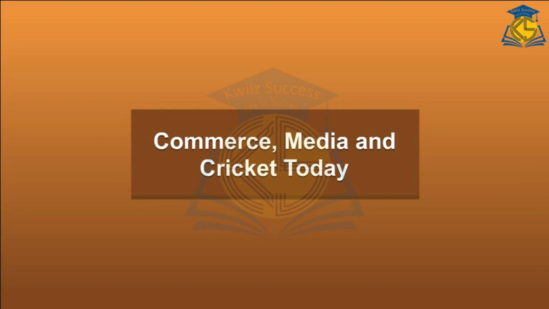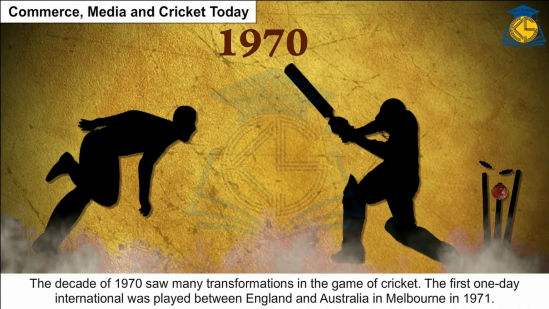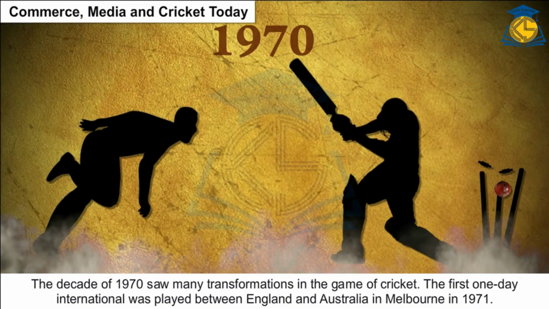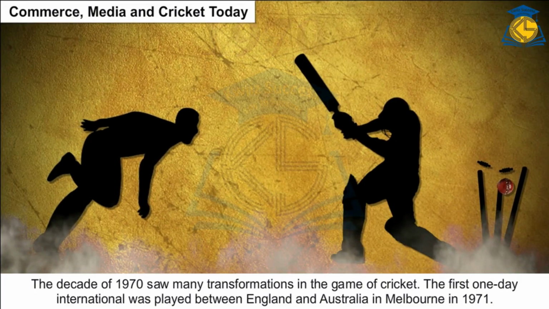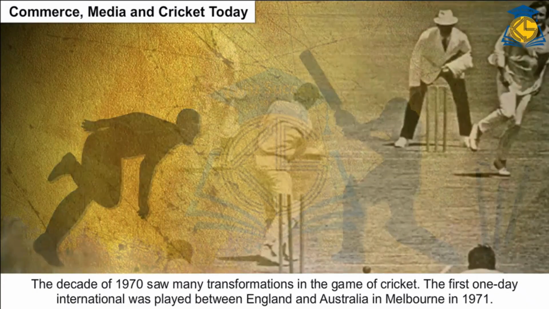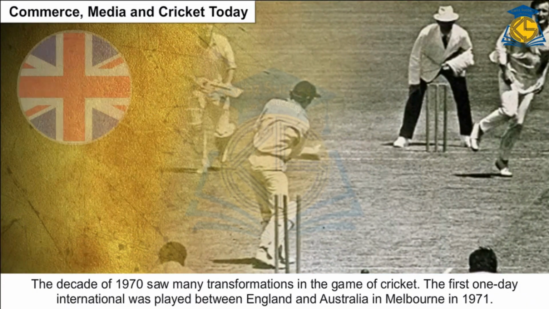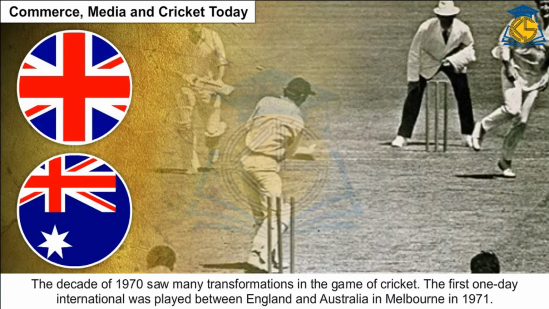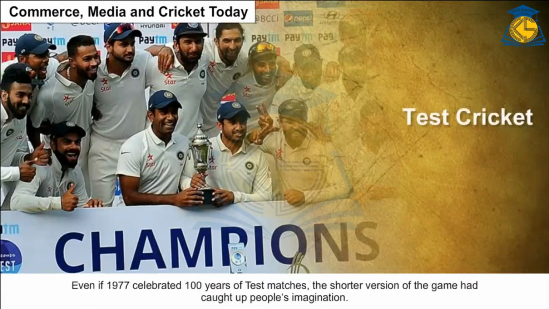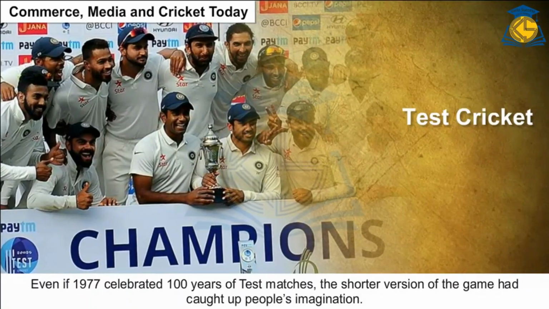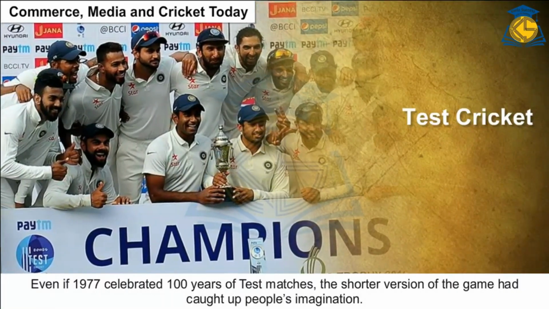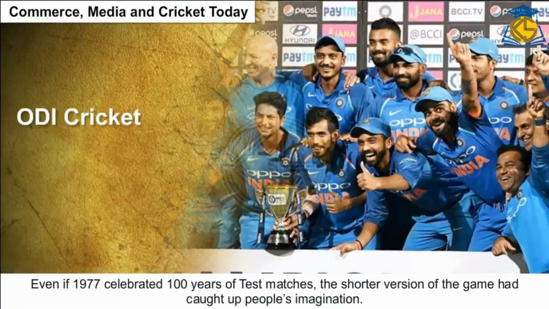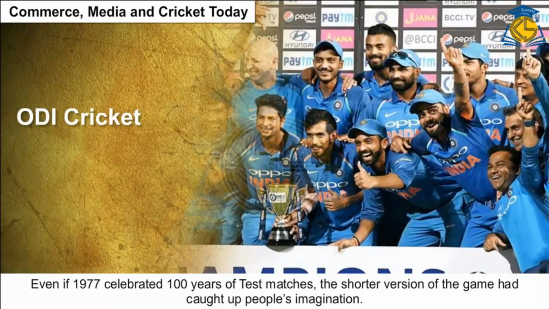Commerce, media, and cricket today. The decade of 1970 saw many transformations in the game of cricket. The first one-day international was played between England and Australia in Melbourne in 1971. Even if 1977 celebrated 100 years of Test matches, the shorter version of the game had caught up people's imagination.